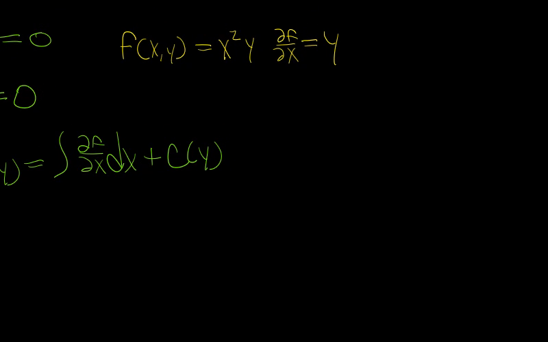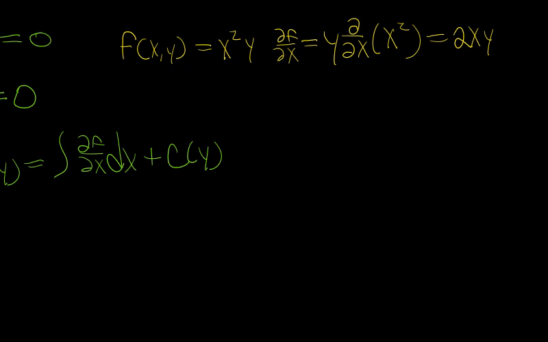So it'd be y times the derivative with respect to x, and when we're working with functions of more than a single variable, we tend to use the partial differential notation. So this right here would be y times the regular derivative with respect to x of x squared. And so that would result in 2xy.